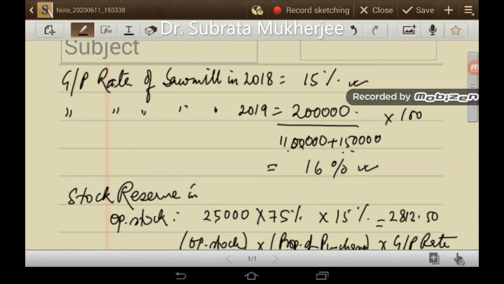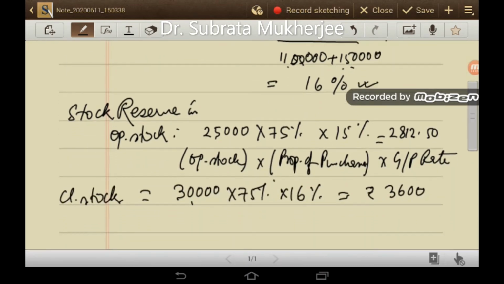So stock reserve in opening stock: 25,000 is the value of opening stock of the furniture department into 75%, that consists of the amount that has been transferred from the sawmill. So 75% of this stock is from the sawmill department.